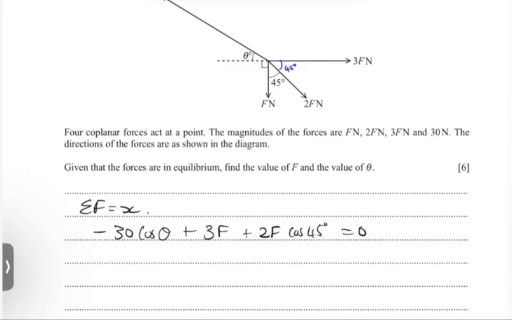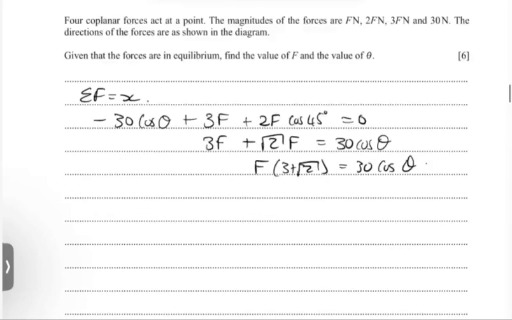Okay, so F is an unknown and theta is an unknown. Let's just do one thing at a time. So I'm going to say 3F plus my cos 45, something you should know off by heart, times 2, so that's going to be root 2 F. So my F is 3 plus root 2 F.